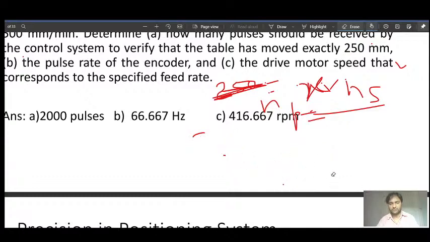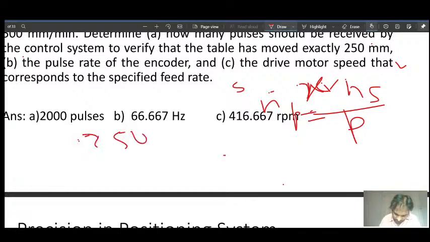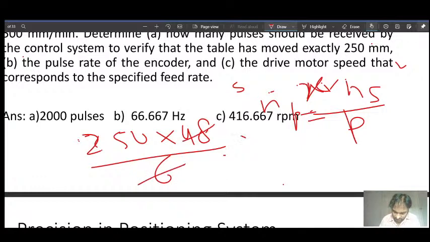Calculate it. So X is 250, multiply with step angle 48 and divide by 6. 8 200 into 10, 2000 pulses. We have got this 2000 pulses.